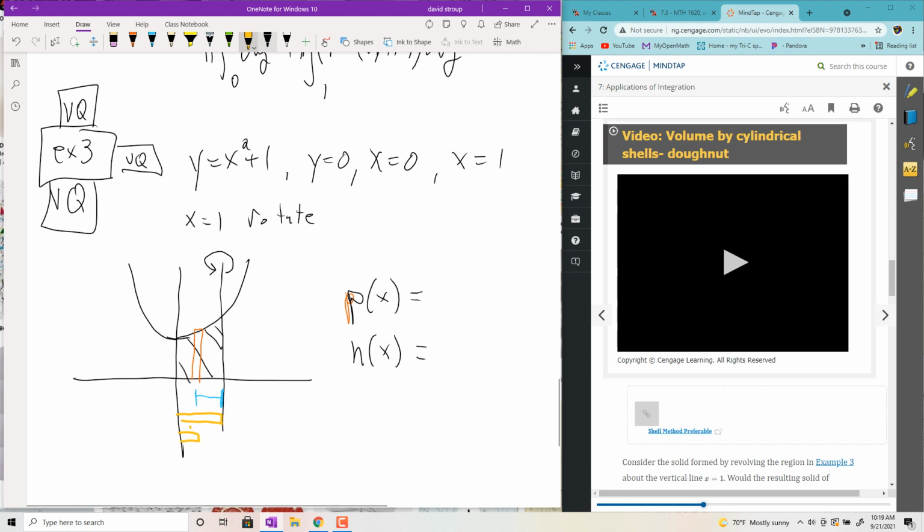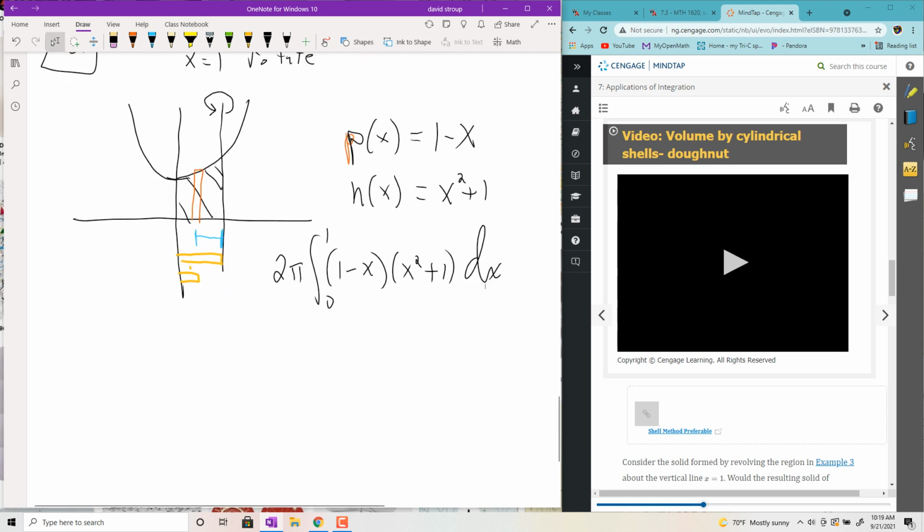Okay, so the big rectangle, that distance is just 1. The distance then of the little rectangle is the distance to the rectangle, which is just x. Okay, and then your h of x is just the function as usual. So your integral will be 2 pi integral from 0 to 1 of p of x minus h of x dx. And then we can integrate that fairly easily.